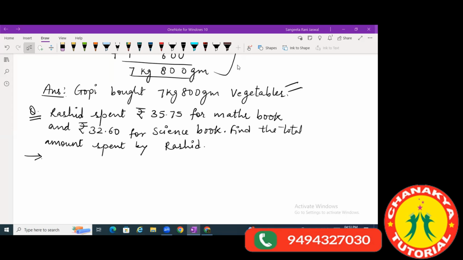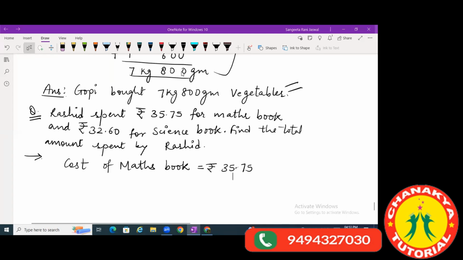Rashid spent so much rupees 35.75 paise for maths book. You can just write here either Rashid spent so much amount or you can write cost of maths book. That also we can write, children. So cost of maths book is rupees 35.75.